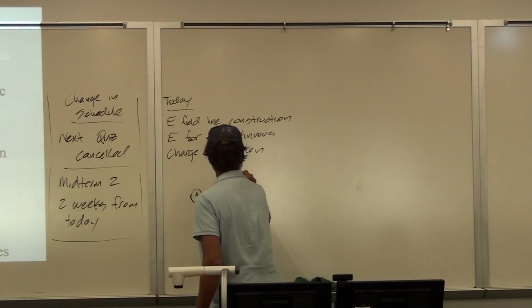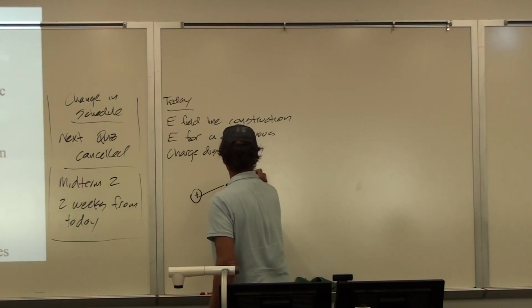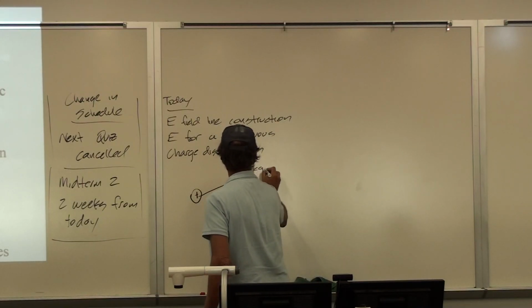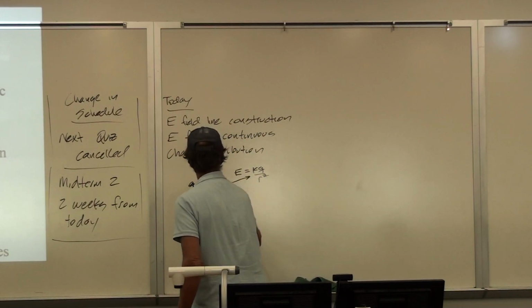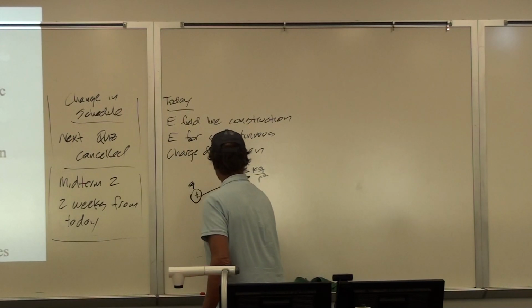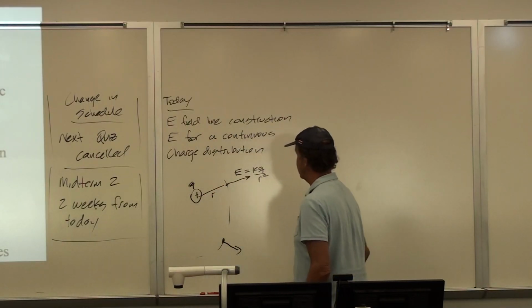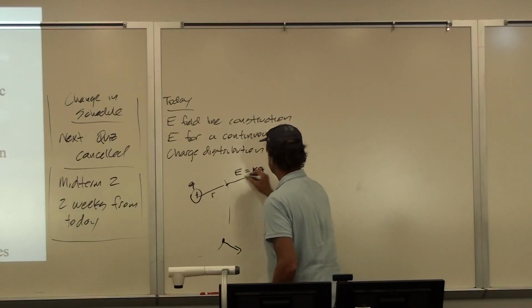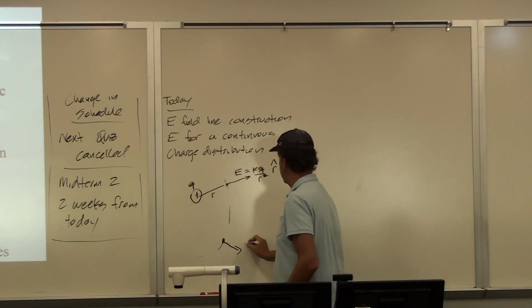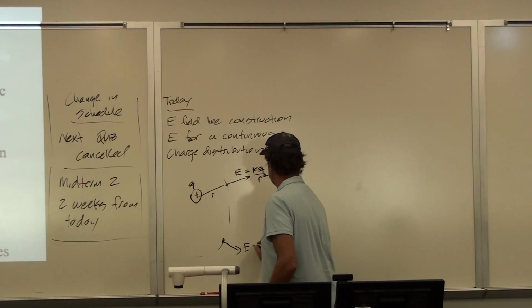It has a magnitude at a point in space, points away from positive. The magnitude of E is kq over r squared, where this is our charge q. So that would be the same at any distance r away, where r is that same value. It's going to have that same magnitude, and then the direction will be times some unit vector that points straight away in the r hat direction.